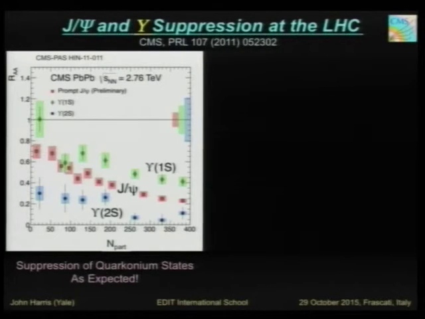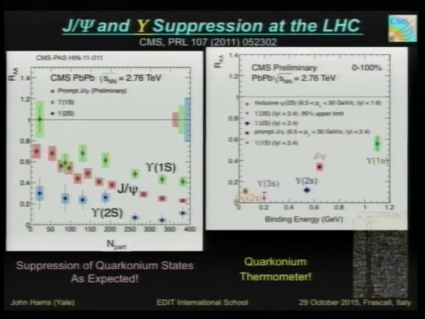Now, CMS came along and measured the suppression factor, this RAA, in lead on lead compared to PP versus multiplicity, number of participants, where, again, the right side is the most central and this is the most peripheral. They see a suppression ordering of the upsilon 1s being the least suppressed, although somewhat suppressed, then the J psi, and then the upsilon 2s.